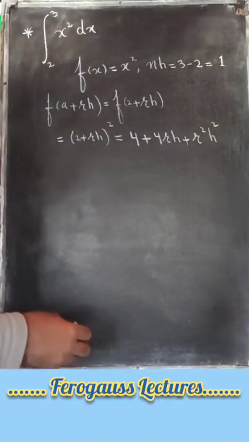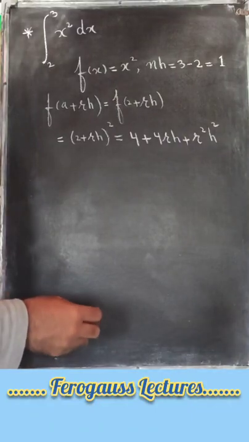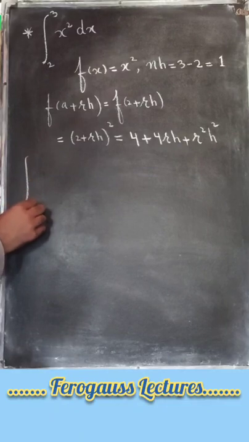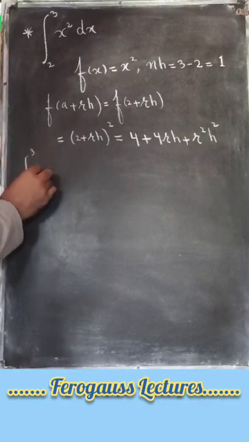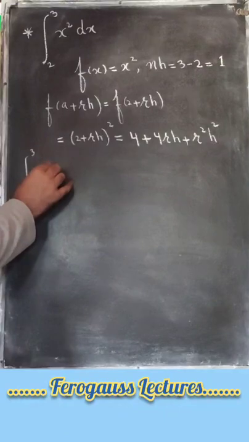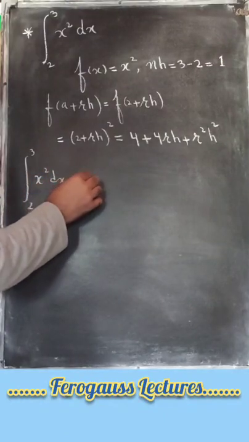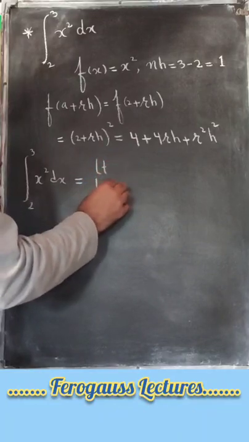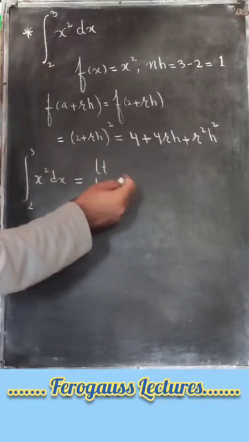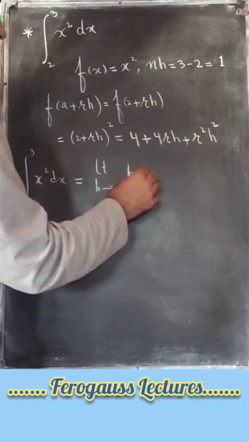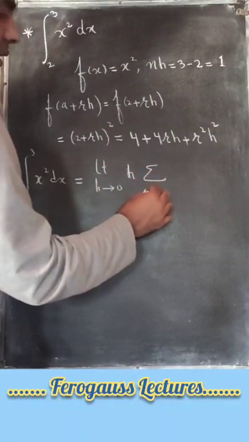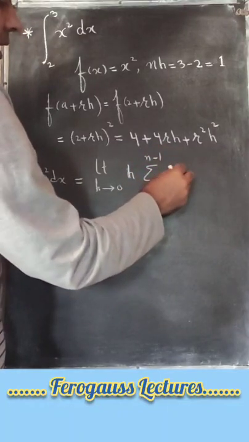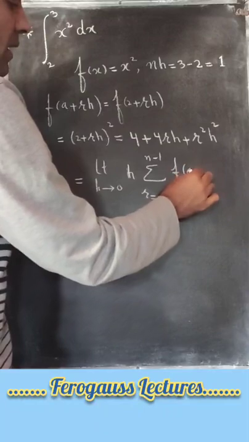Now from the definition of definite integral as the limit of a sum, we have integral 2 to 3 x square dx equal to limit h tends to 0, h times summation r running from 0 to n minus 1 f of a plus rh.